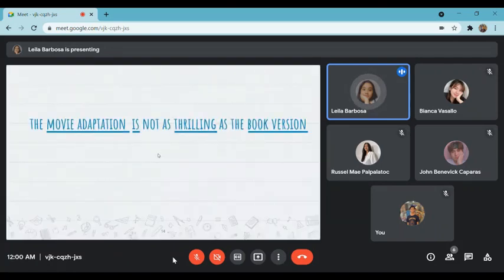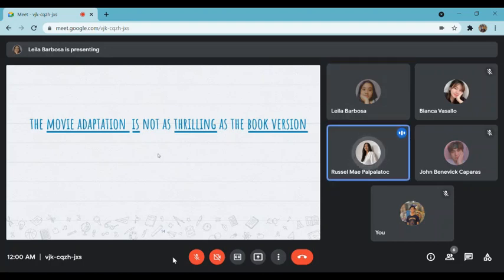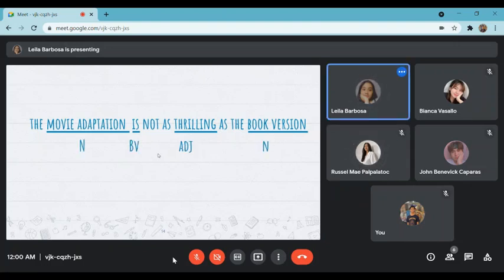The movie adaptation is not as thrilling as the book version. Who would like to identify the parts of speech in this example? Ma'am. Yes, Russell. The movie adaptation is a noun, is is a be verb, thrilling is an adjective, and book version is a noun. So let's check. You're correct.